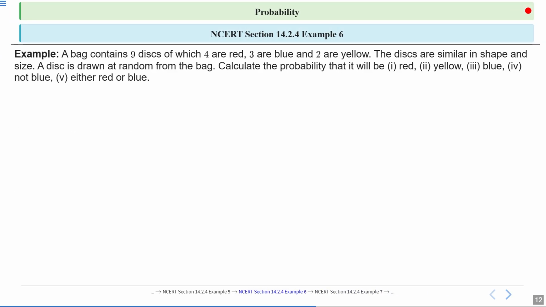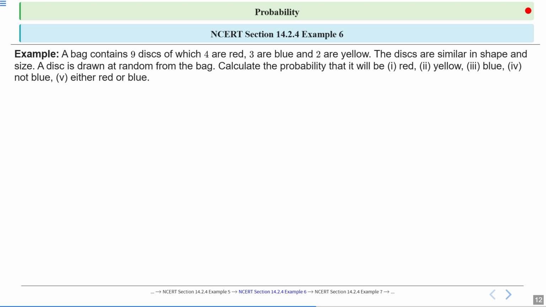First read example number 6 very carefully, and try to understand what is given and what we have to calculate. See here, a bag contains 9 discs, of which 4 are red, 3 are blue, and 2 are yellow. The discs are similar in shape and size, and a disc is drawn at random from the bag.